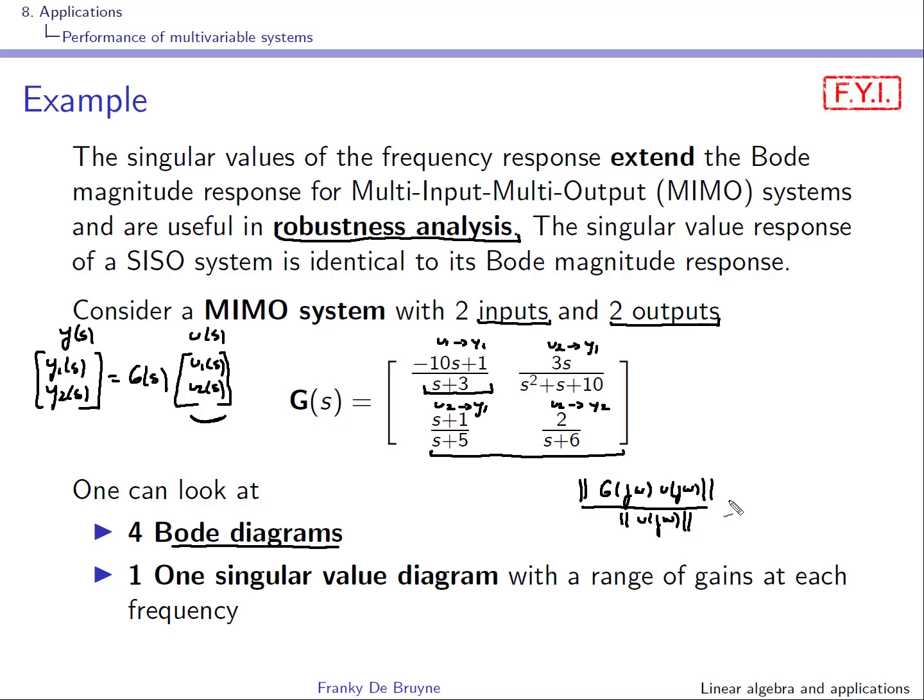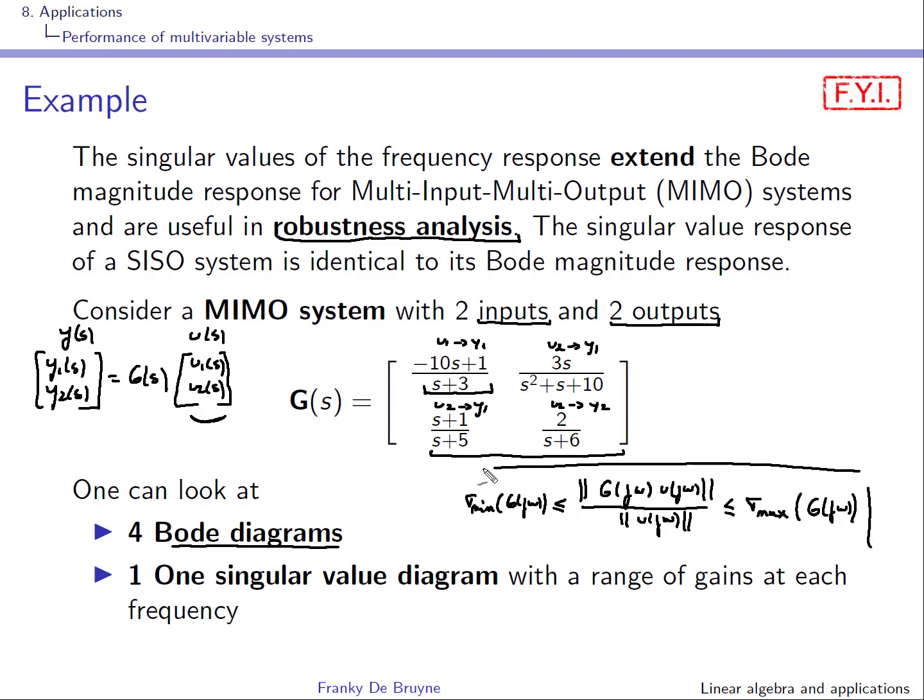And what you can show is that this has an upper bound, which is sigma max. So this is the largest singular value of the matrix that you consider at the given frequency, and the lower bound is sigma min, the smallest singular value of that same matrix at s equal to j omega.